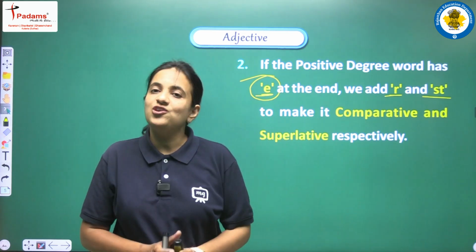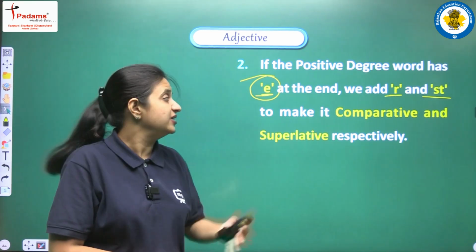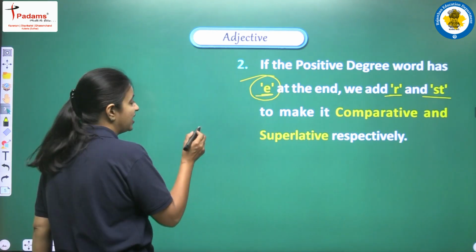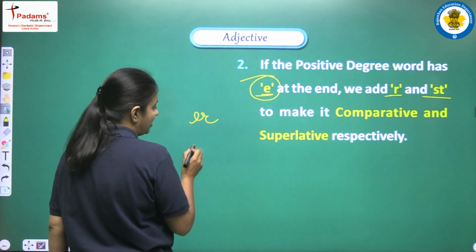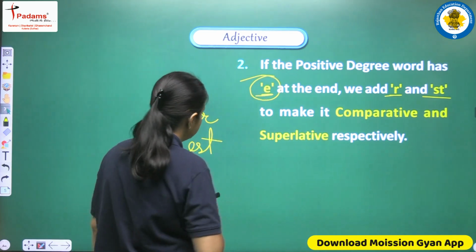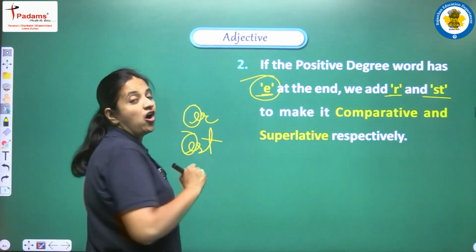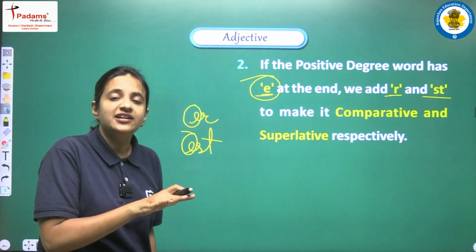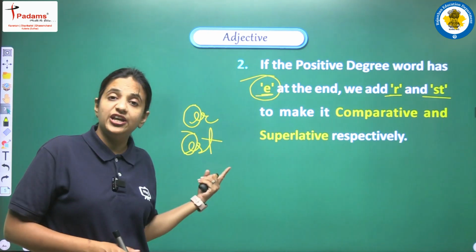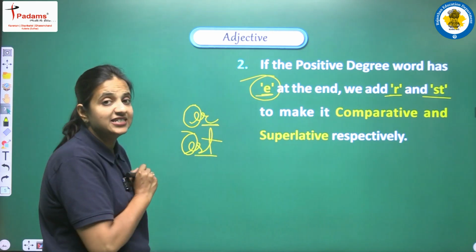And I am sure that you all are able to have the reason that why we are adding now just r and st, because according to the first rule, what we were adding er and est. Now this rule is having about this point that already अगर spelling में e हमें given है, already spelling का जो last letter है वो e है, then we don't need to add one more e, right? Then just add r and just add st, right?